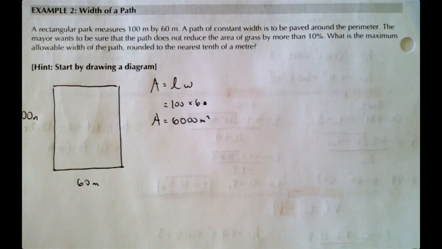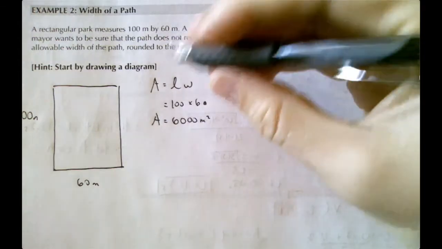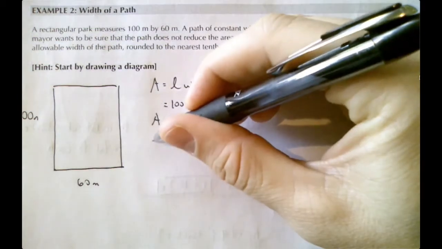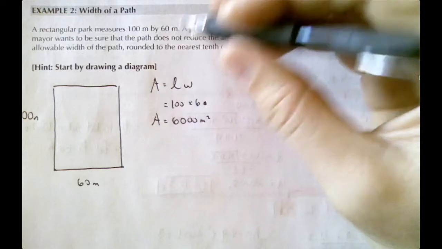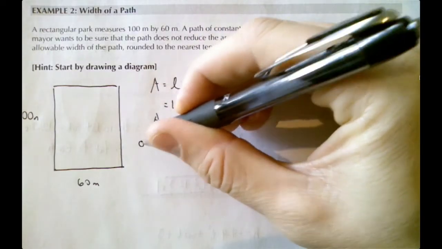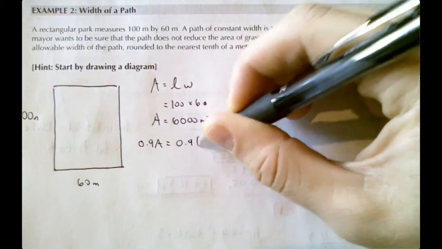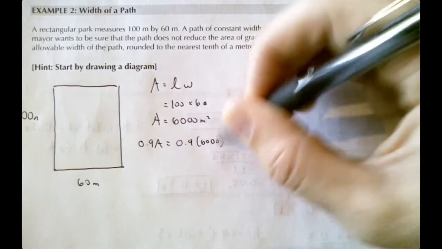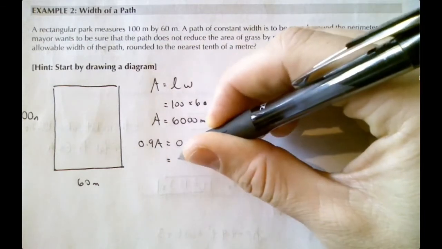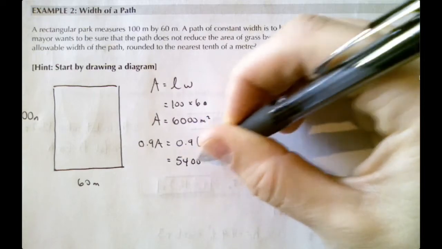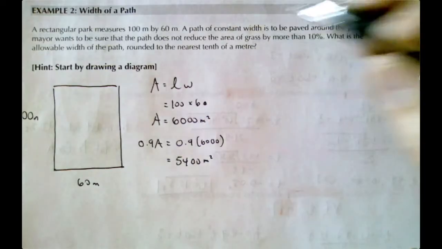So we can only reduce it by 10%, which means we'll only have 90% of our area. So that's 0.9 of our area, which would be 5400.